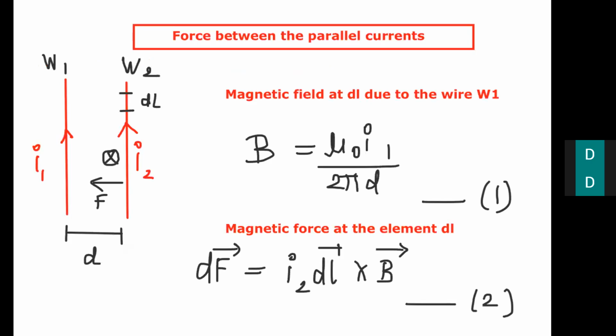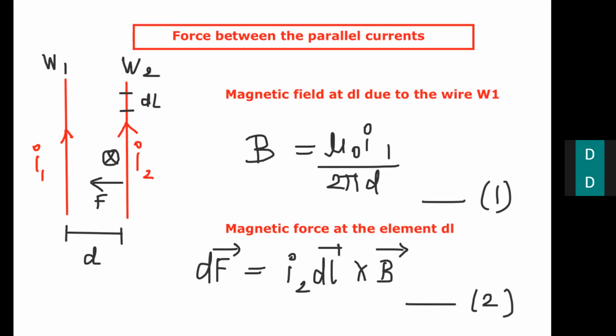That will give me dF equals I2 dl B sine theta, where theta is the angle between the magnetic field and dl.